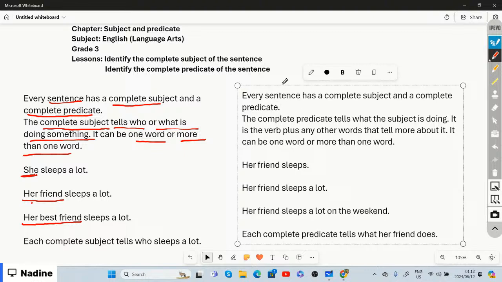And a complete predicate tells us what the subject is doing. The subject is either the person or the thing that is doing something, but the complete predicate tells us what the subject is doing. It tells us the action that the subject is doing.